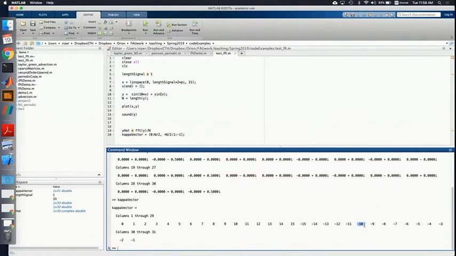Okay, and the easiest way of visualizing this is just doing a plot. Figure, plot, kappa vector, and absolute of y hat.